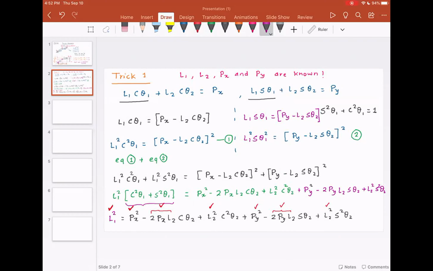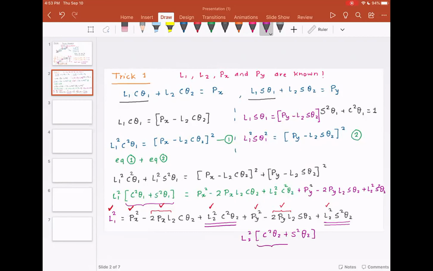Observe here, I have L2 square cosine square theta 2 and L2 square sine square theta 2. So I can combine these two terms together: L2 square times (cosine square theta 2 plus sine square theta 2).